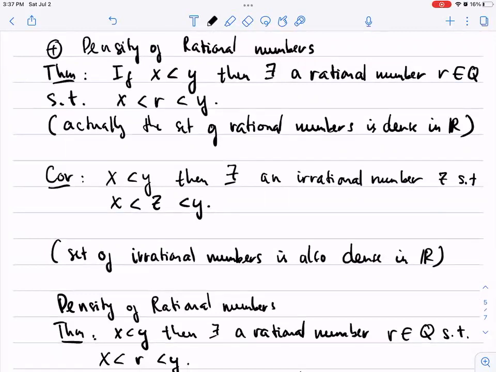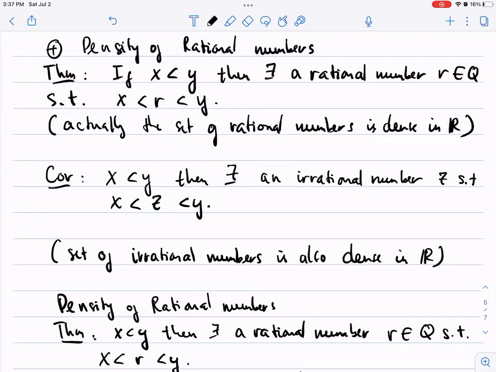Now another application of the completeness property is about the density of rational numbers. Earlier, I mentioned that the set of all rational numbers is a proper subset of the set of real numbers. That is, the set of real numbers has several more numbers than the set of rational numbers.